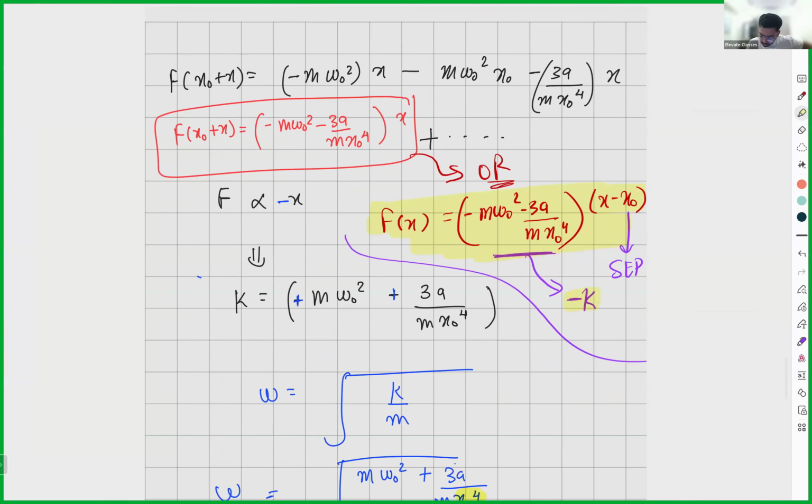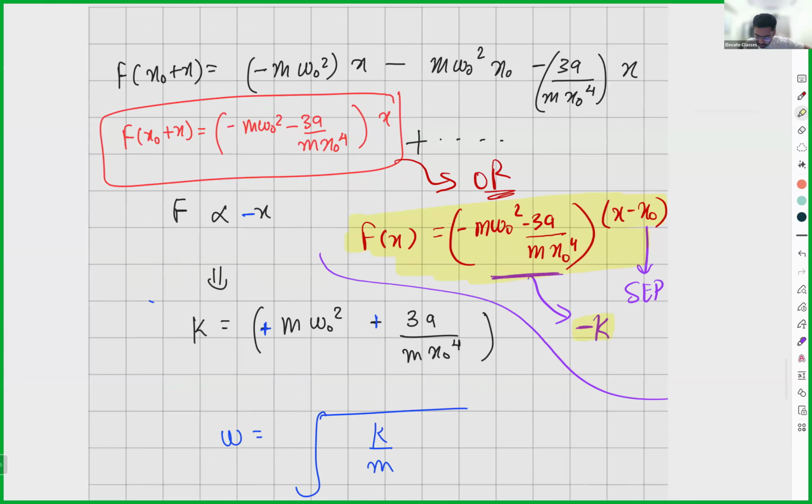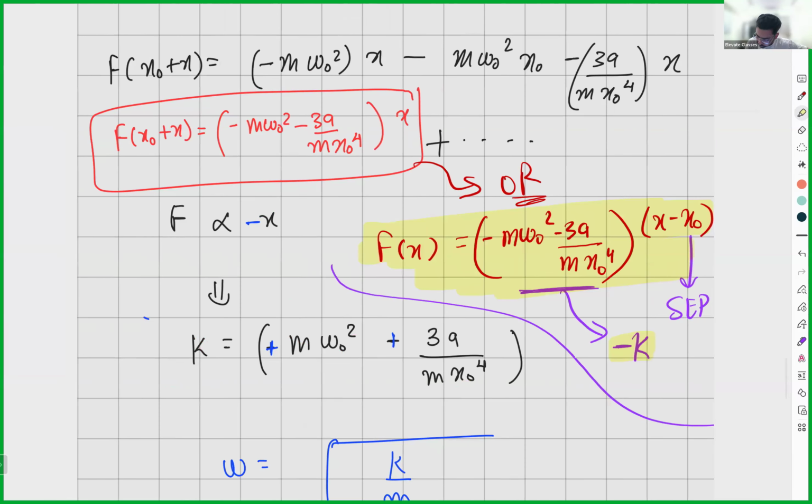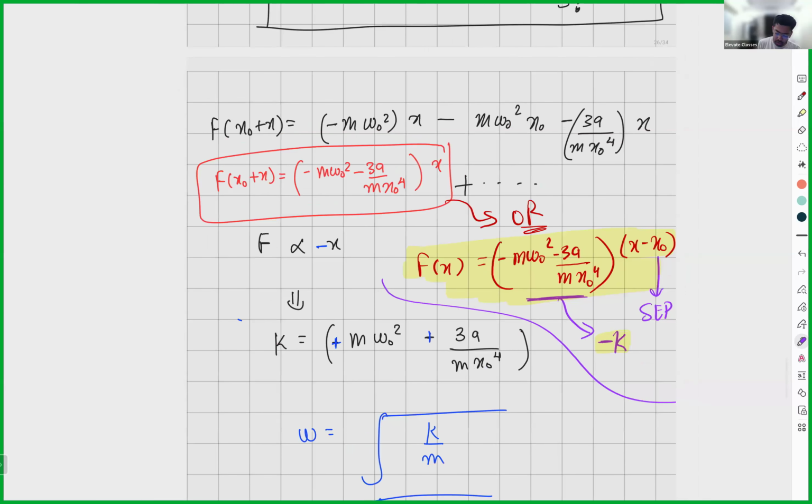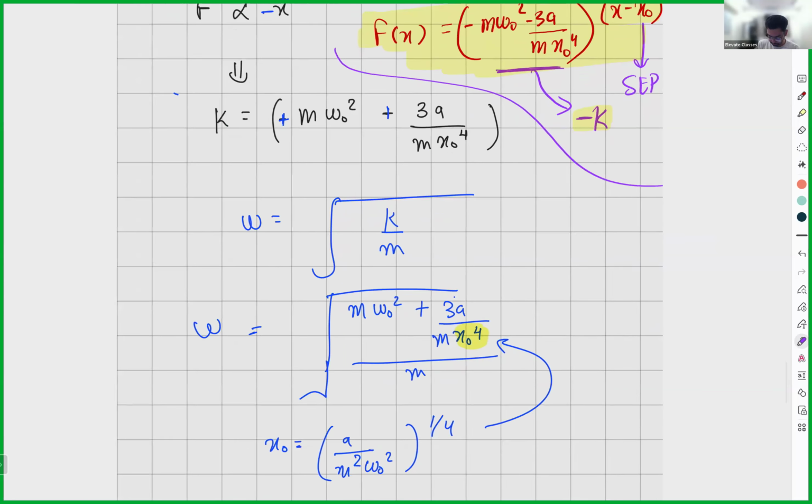So when you do this you get this thing. Okay, so this is your k, this particular value is k. All right, then you put it into omega and you get the answer.